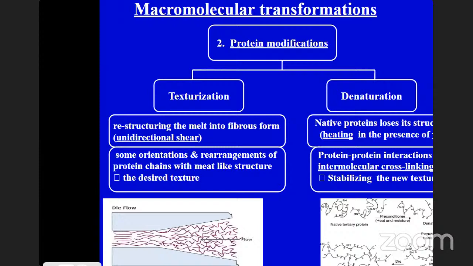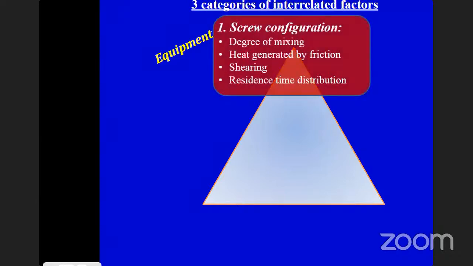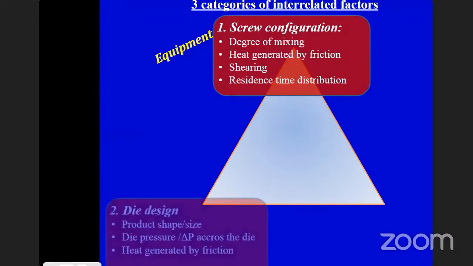Now I am going to discuss the main factors affecting the quality of extruded products. We have three categories of interrelated factors. The first one is the factors related to screw configuration, such as size, number, pitch, and diameter of the flight.